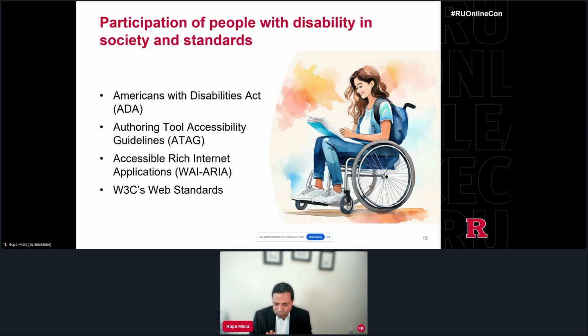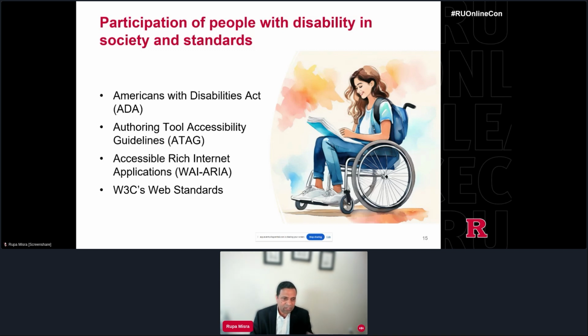They have many guidelines on how to use content, as well as coding. Then we have the Authoring Tool Accessibility Guidelines, about the tools themselves and how authors use them.